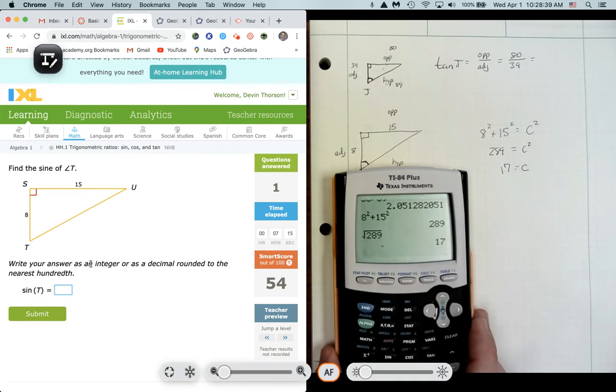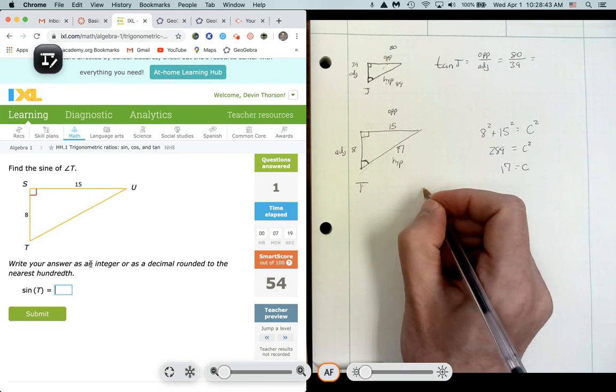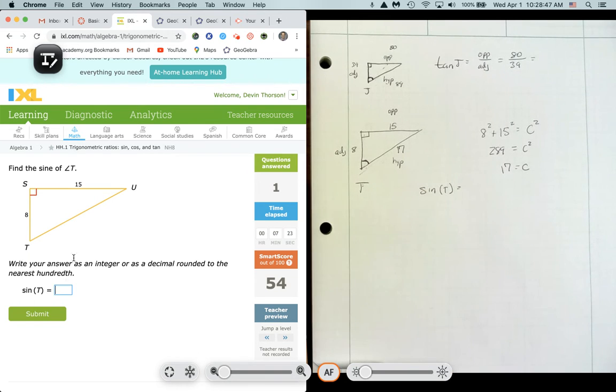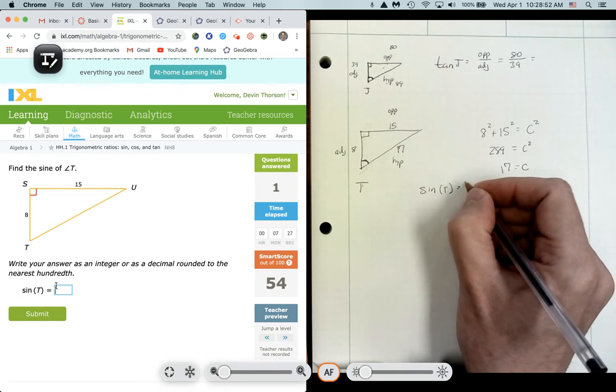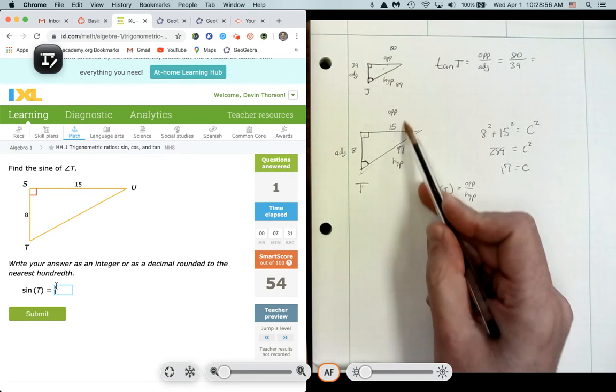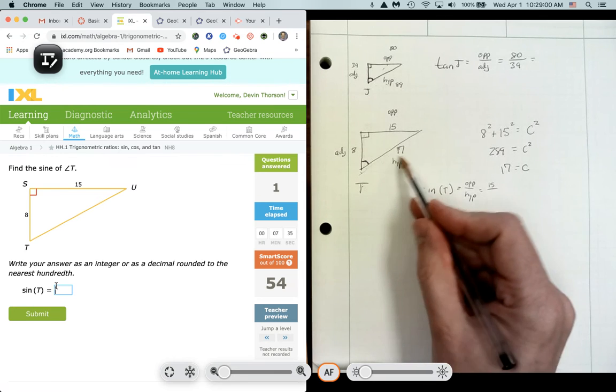So now I come back over here, put in a 17. Now I can find my sine of t, and that's what we asked for over here, sine of t. Sine is opposite over hypotenuse. What's the opposite? It's 15. What's the hypotenuse? It's 17.